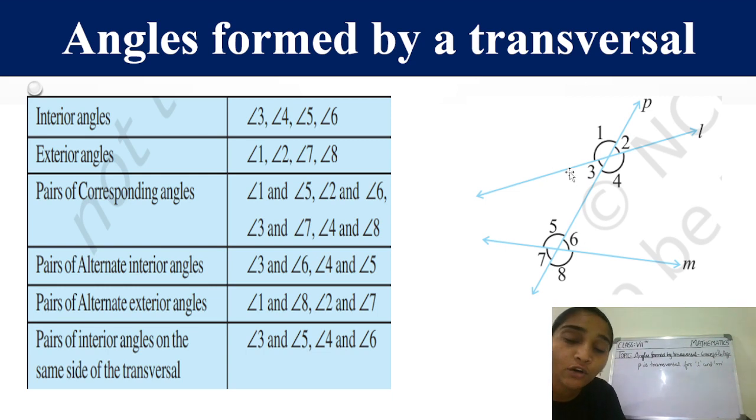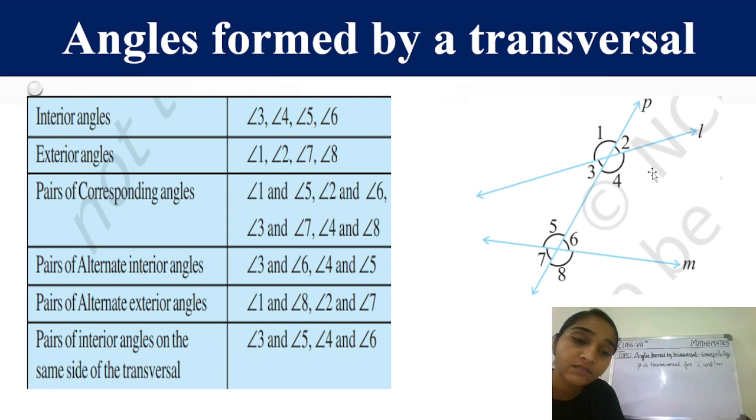Very good. And the pair of alternate interior angles, students. Yes, what will it be? Alternate interior angles will be 3 and 6, because they are alternate to the side. One is on that side and one is on this side of the transversal, and they are interior. And similarly 4 and 5 are also alternate interior angles. Now if I talk about the alternate exterior angles, very good, alternate exterior angles are 1 and 8, and 2 and 7.